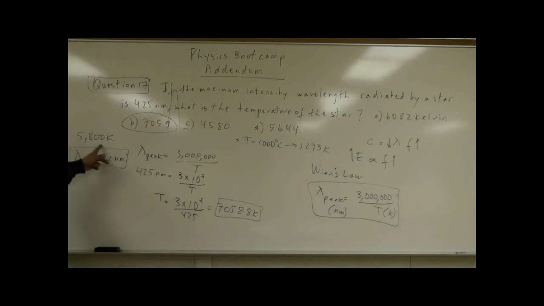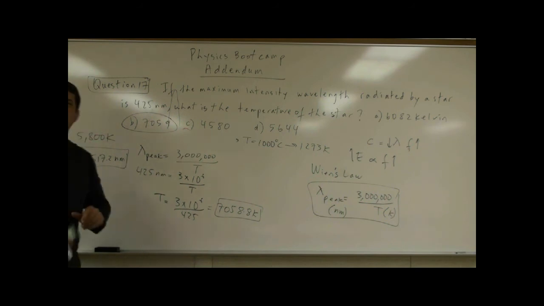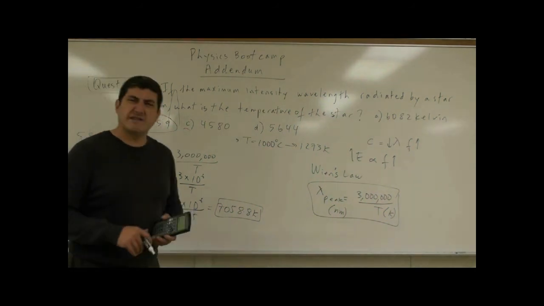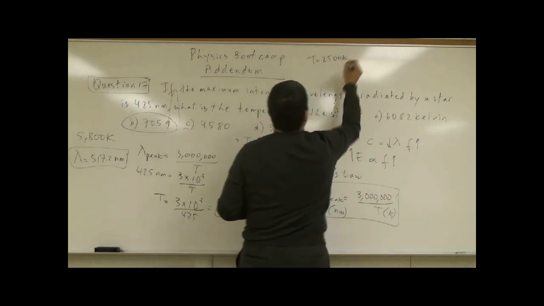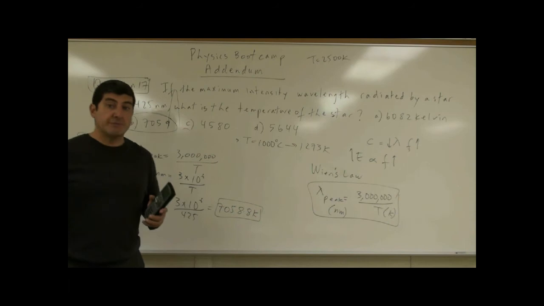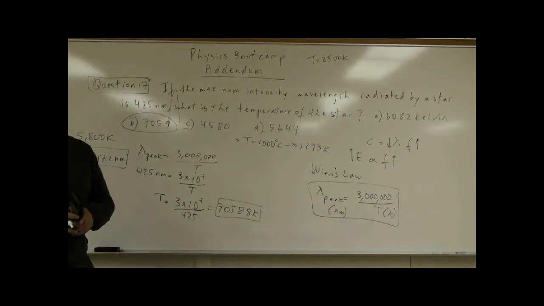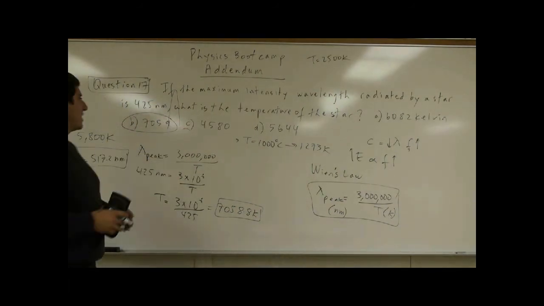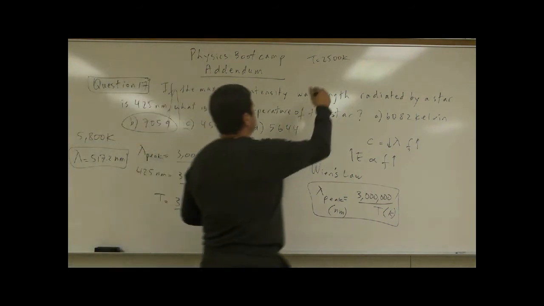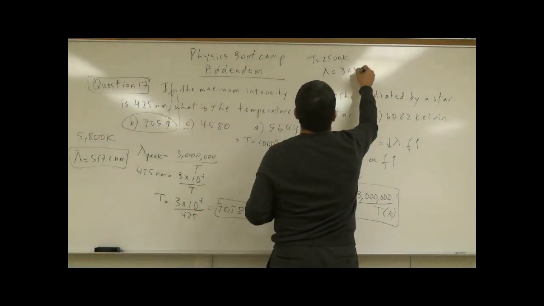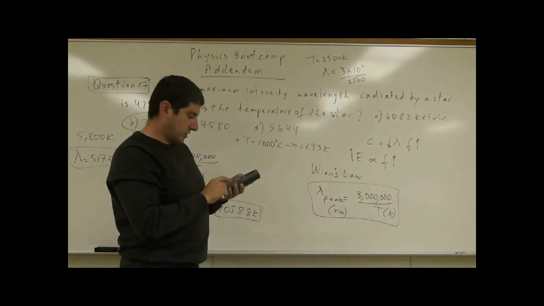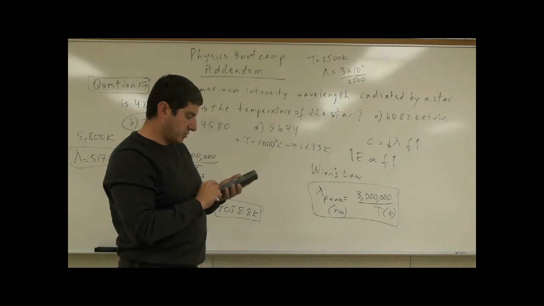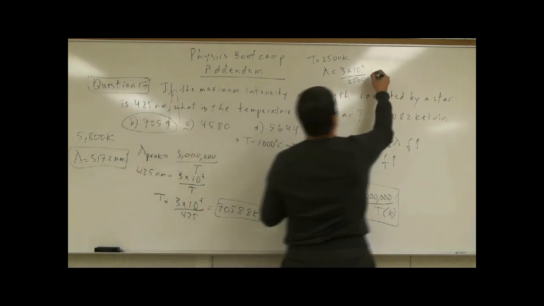So if there is a star that is even colder, typically stars can get as cold as, let's say, 2500 Kelvin. What wavelength will they predominantly radiate in? Well, they're going to be in the long wavelength region, right? So if you do lambda equals 3 times 10 to the power 6 divided by 2500, that's going to be 1200 nanometers.